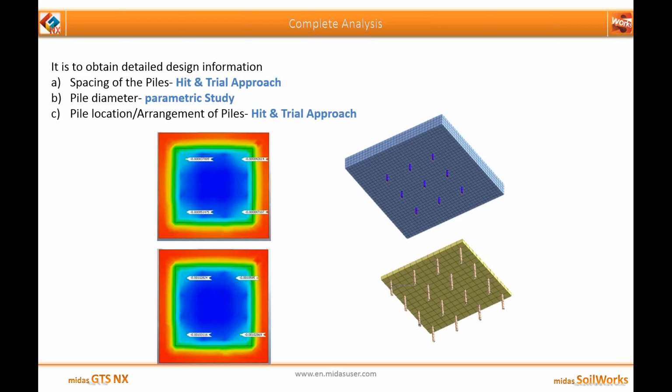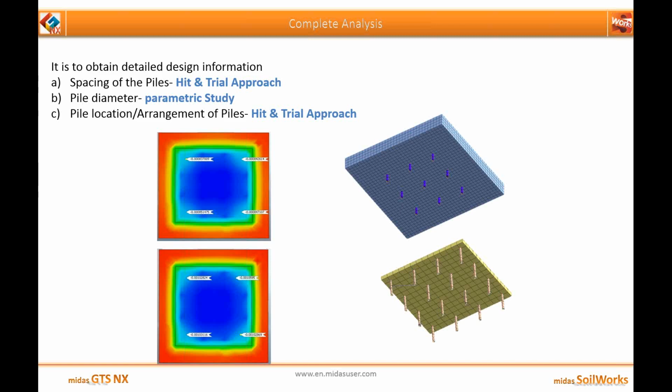Now complete analysis is basically obtained for the detailed design information. First of all, spacing of the piles: it is a hit and trial approach initially, then based on the previous results one can adjust the arrangement of the piles to get more effective results. Pile diameter: a parametric study, you can change the pile diameter and see the influence on the reduction in settlement.